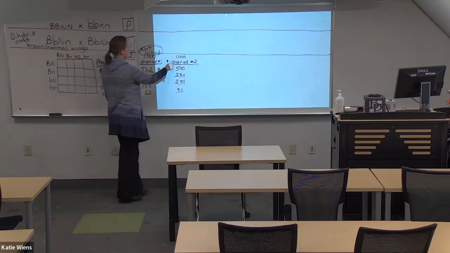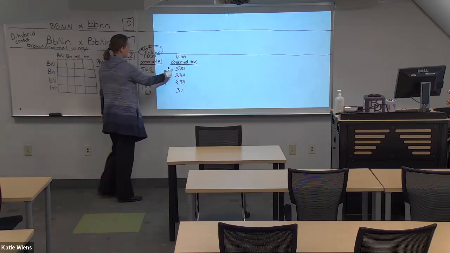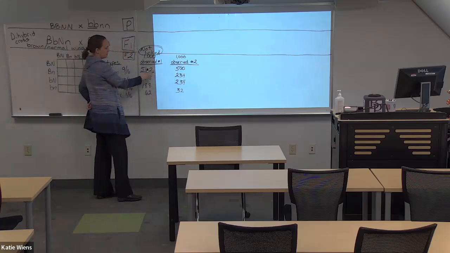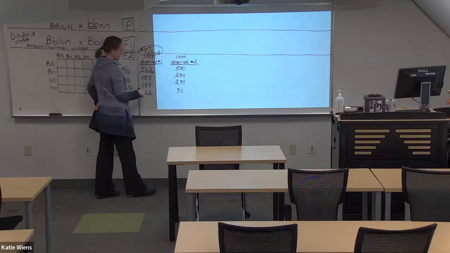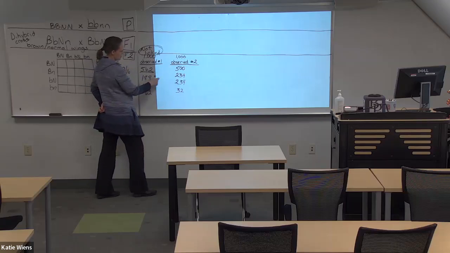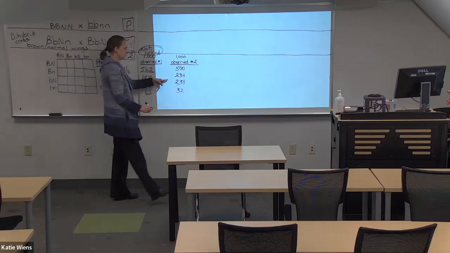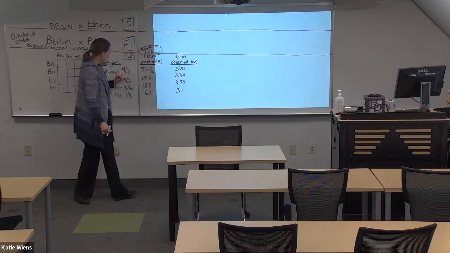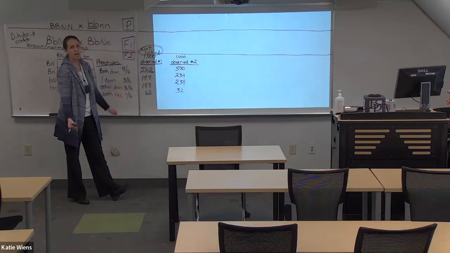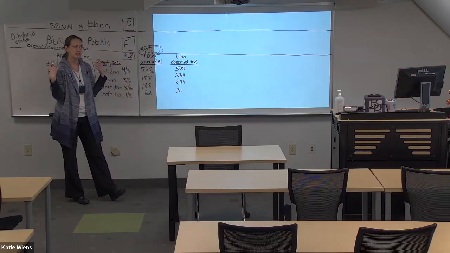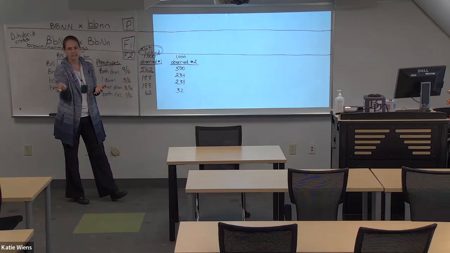Now, if you observe 1,000 and you get numbers that are slightly off, like 62 off here, whatever that math is, and this is almost half of this one. When you get funny numbers that don't match that 9 to 3 to 3 to 1 ratio, then you have to do something else. It's a clue that these might be linked, right?